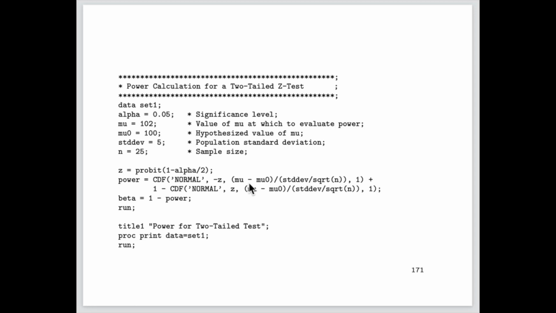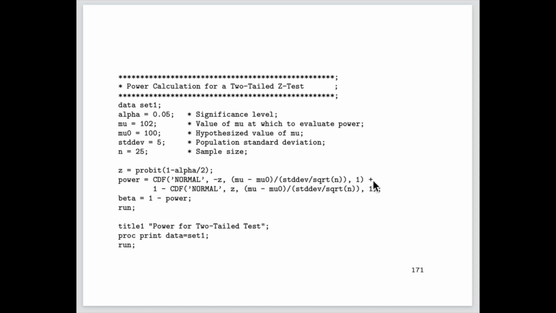All right, so remember that if the null hypothesis is not true, then the mean of zcalc is mu minus mu naught over the standard deviation divided by the square root of n. And then finally, the last argument is the scale parameter, in this case the standard deviation, and this is 1.